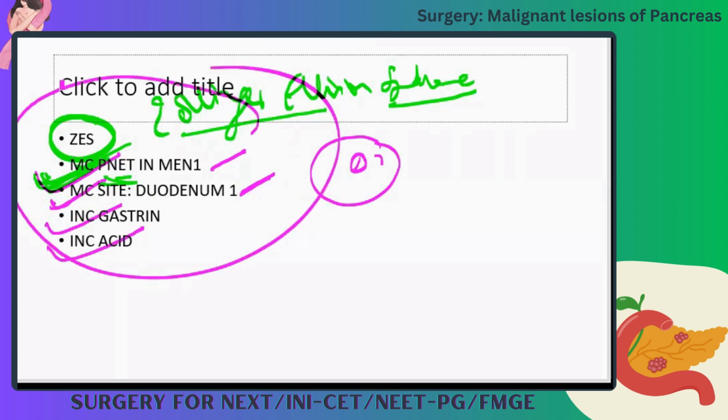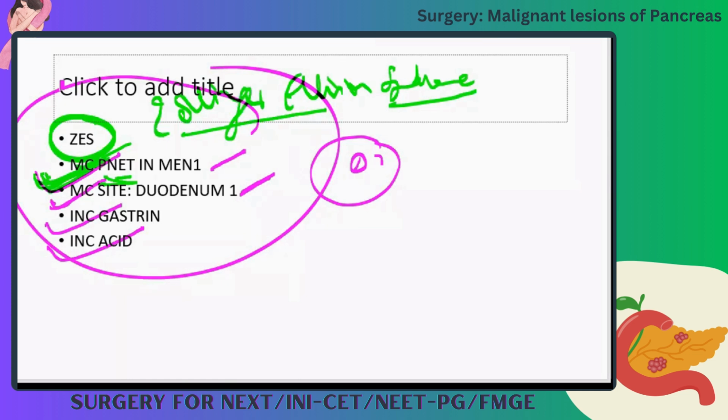Suppose normally what happens is a 35-year-old male patient comes to our OPD with abdominal pain. We give some proton pump inhibitor, thinking it is acid peptic disease. It will subside, then leave it. But if he's having recurrent pain like that, then we have to think something else is there.